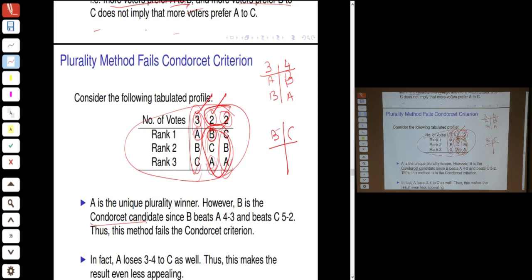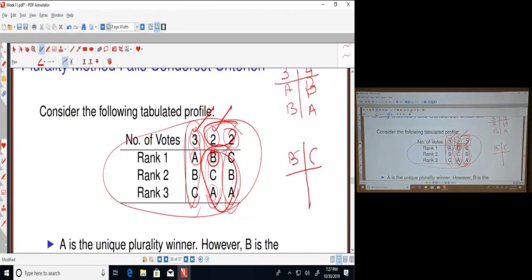So B is preferred to C in the first and the second lists, which is 5 votes in total, and C is preferred to B only in the last list, which is 2 votes in total. So in head-to-head matchups with each of the other candidates, B is beating C and B is beating A. So B is clearly the Condorcet candidate, but by the plurality method, A is the winner.